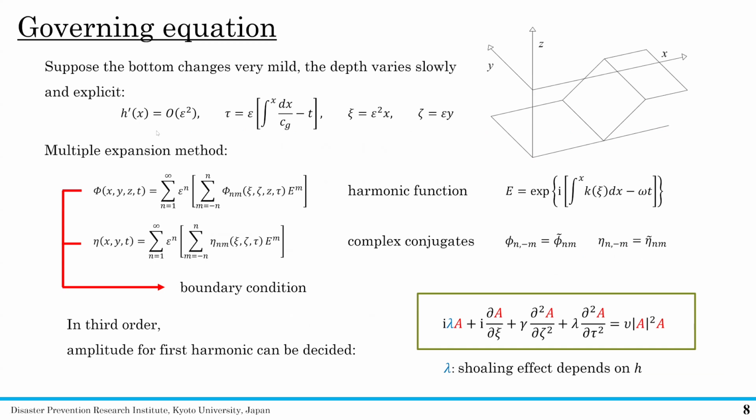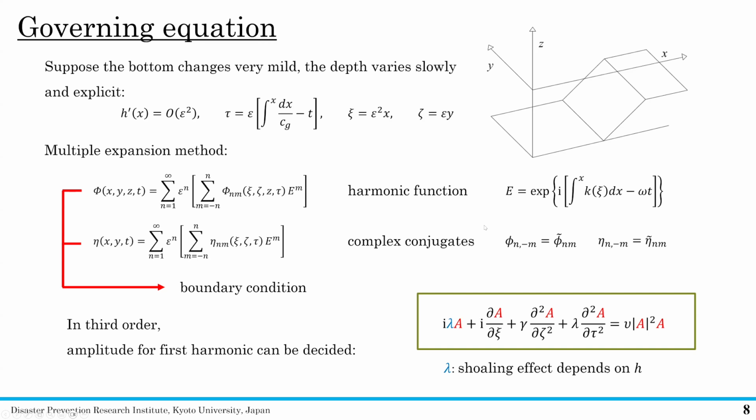We suppose the bottom change is very mild, and then we use a multiple scale expansion method. We divide it into different orders and different harmonics, and solve this equation order by order and harmonic by harmonic, and finally we can give a final expression for the wave amplitude.